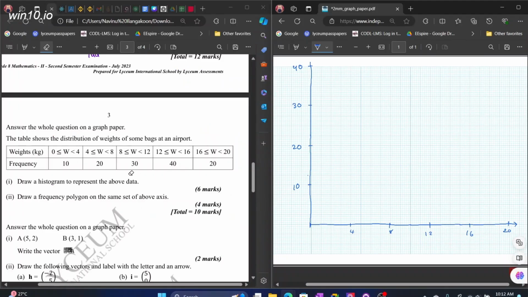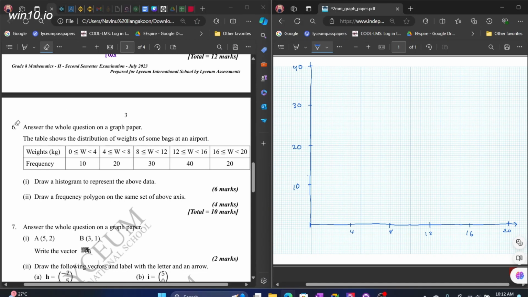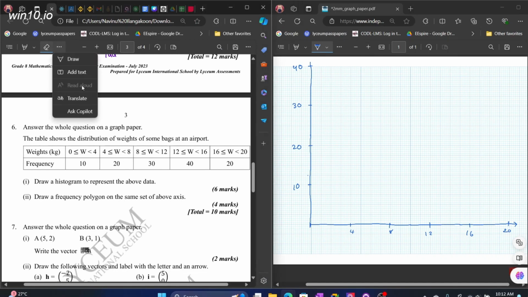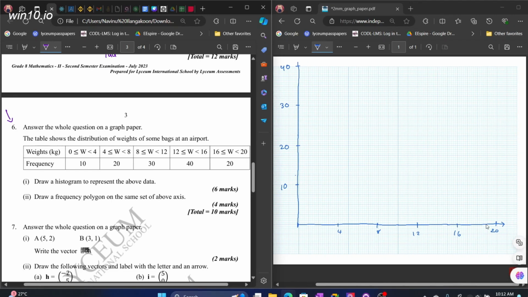Okay. For the sixth question, we have to use a graph paper. So I have drawn the x-axis and y-axis in the graph paper. So this is the weight in kilograms.